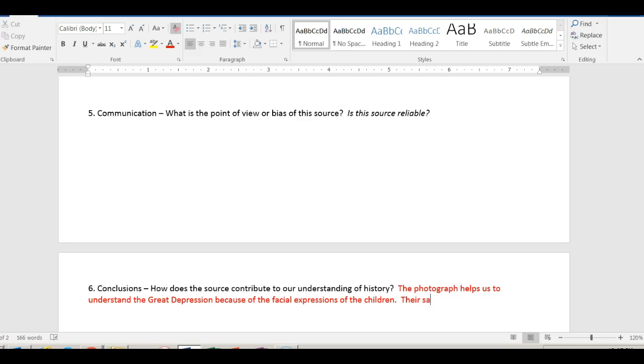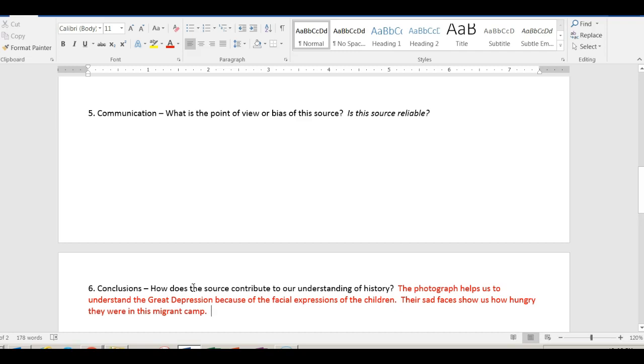Their sad faces show us how hungry they were in this migrant camp. Okay? This is giving us a specific detail from the photograph, and it is related to their life during the Great Depression.